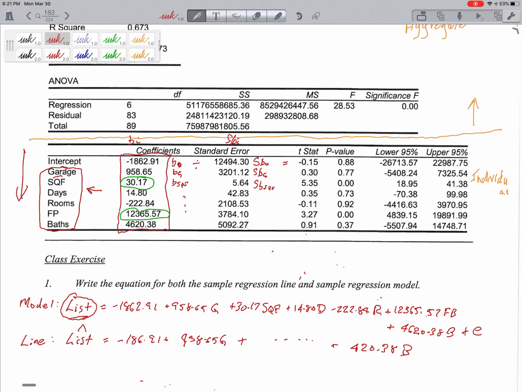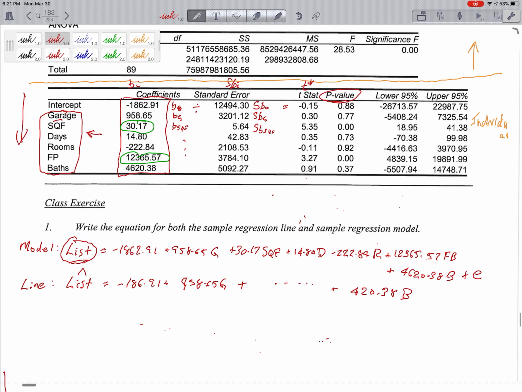If you divide the B by its SB, you'll get the T star value, which is what these guys are. And then we can calculate a P value from that, and it's always a two-sided test. And then finally, we can come up with confidence intervals, which we calculated by hand. And so this shows you then, let's take a look at the intercept.